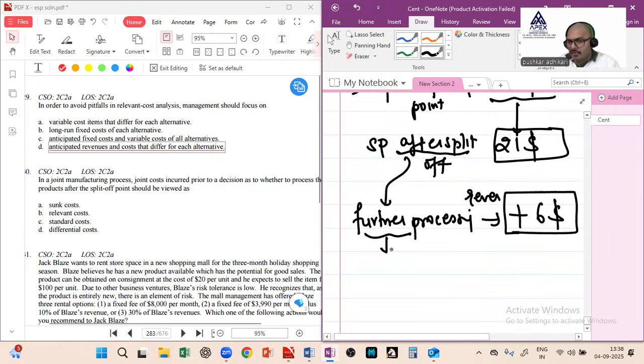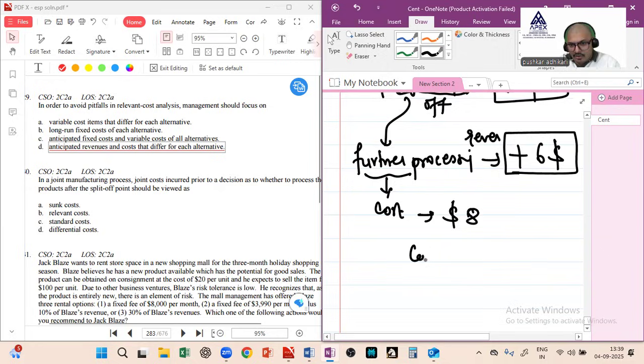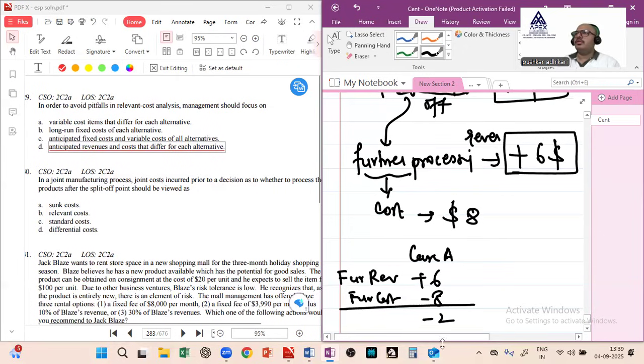But further processing will also have a cost. Let us say the cost is $8. I am talking about case A. My further revenue is 6 and my further cost is 8. Will I do this? No. I'll end up having a loss. In case B, let us say my further revenue is 6 and my further cost is, for example, 4. So will I go for this?